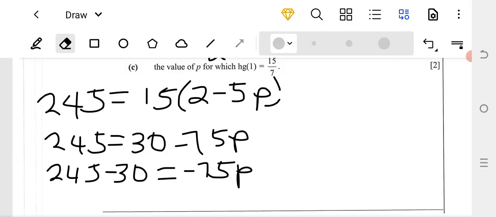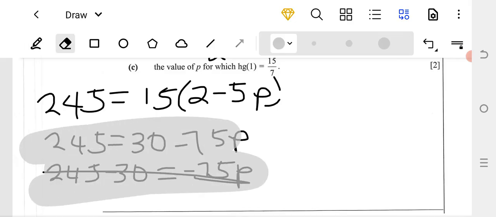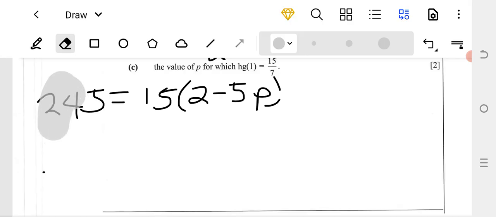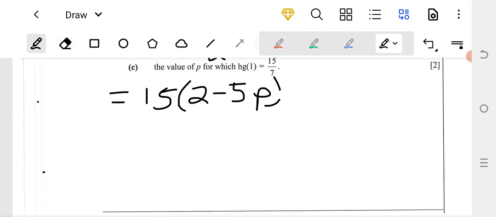Now in my head I was doing 7 multiplied by 35. Okay, so all this I'm going to clean up. Sorry for that. So 7 multiplied by 15 is going to give you 105, right?